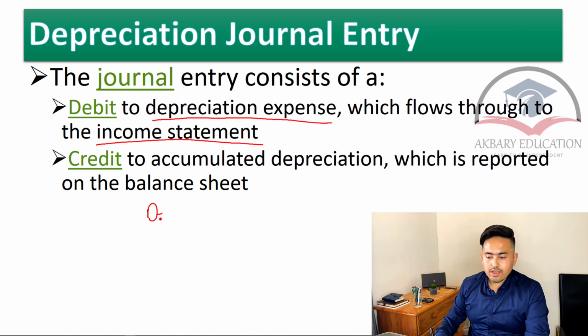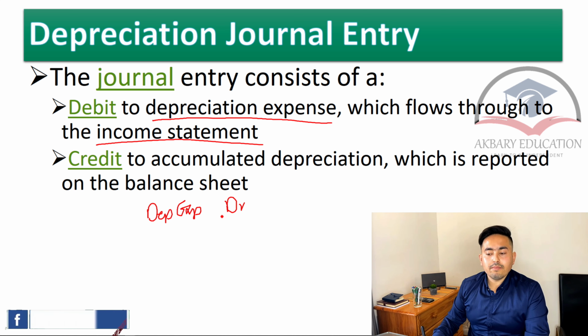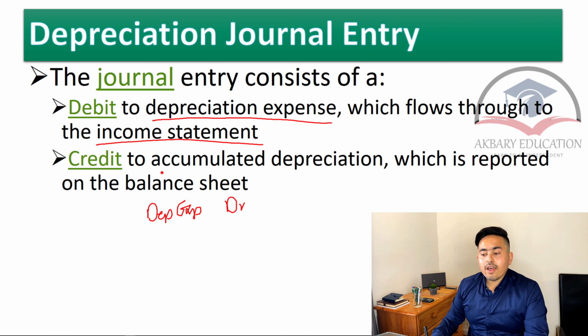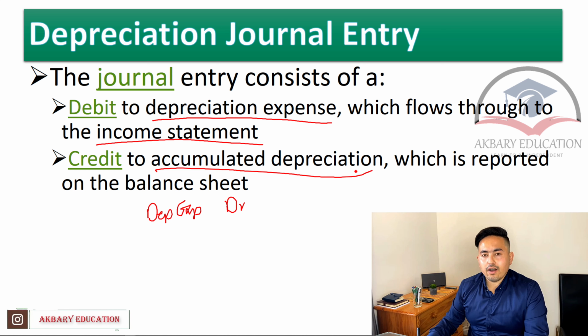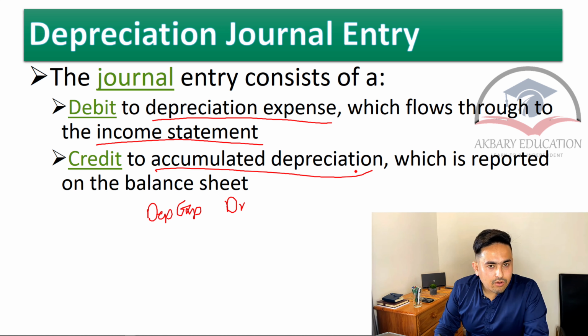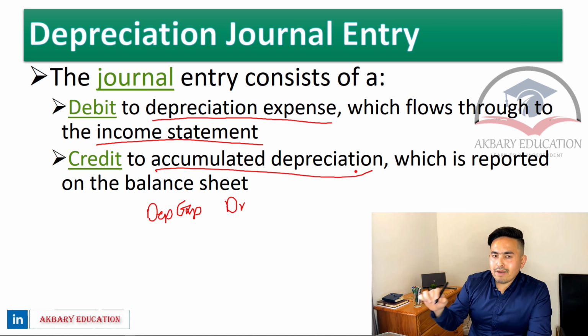What we are doing is the depreciation expense should be debited. And on the other side, there is something else, which is called accumulated depreciation. This is a contra account to the asset value. What does it mean? I will come to that. This will go to the balance sheet.